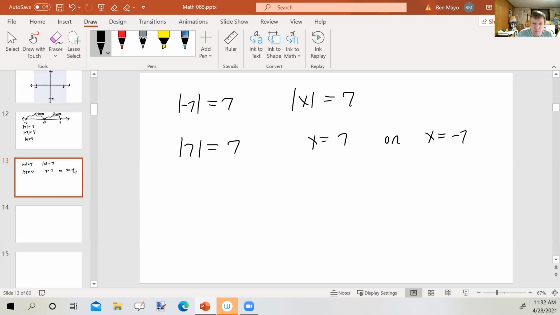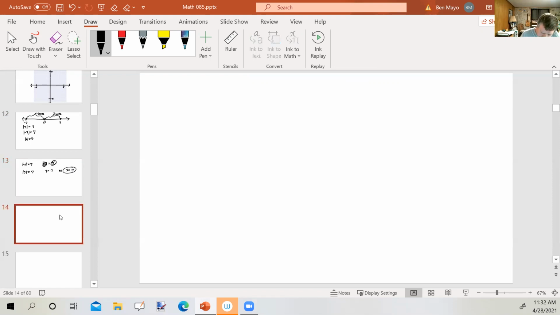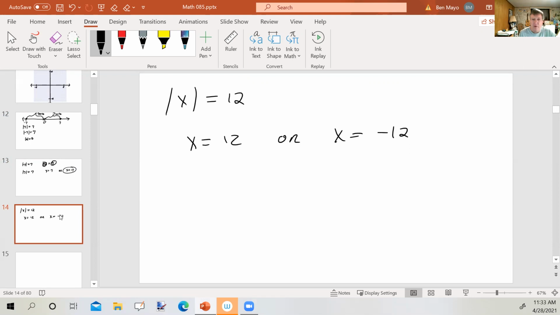So we get two possible equations with two possible solutions. We get what's inside equals what's outside, or what's inside equals the opposite of what's outside. Let's carry that further. Let's say we've got the absolute value of x equals 12. Well, then we'd have x equals 12, or x could equal -12, the opposite of 12. Both of those values of x, taking their absolute value, we would get 12.